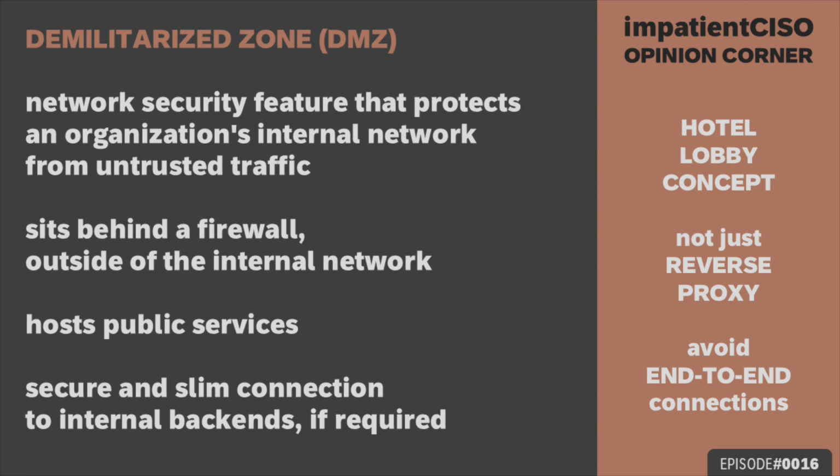Often it's a bit misused. The reverse proxies are sitting in the DMZ, but nothing else. So after the reverse proxy, you immediately go directly into the corporate network to pull the data and run the application, which is not a good design, because then you're just channeling it into the insecure area. I'm not saying the internal network is insecure, but obviously you're not putting as much emphasis on it as you put into your DMZ, which you can protect better.